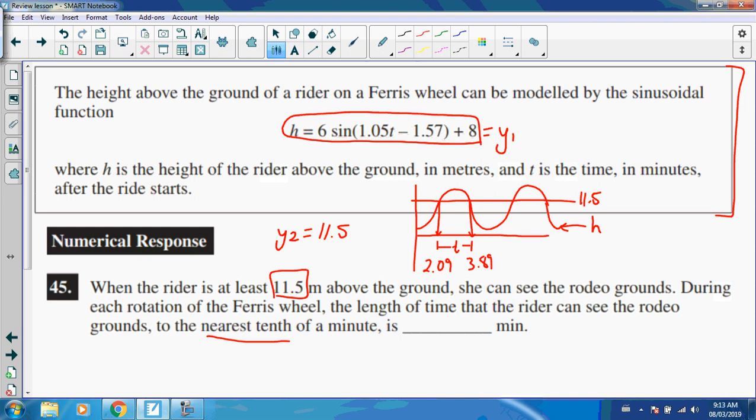If I subtract those, then the amount of time that she can see the rodeo ground should be 1.8 minutes. So this one's a little bit trickier in that we have to find both of these values, and this segment up here is when she's high enough up in the Ferris wheel to see the rodeo grounds.